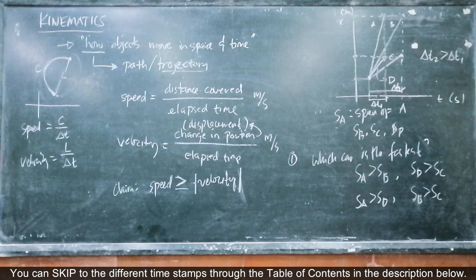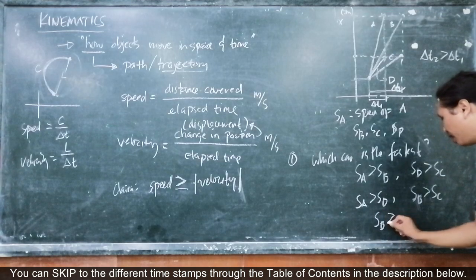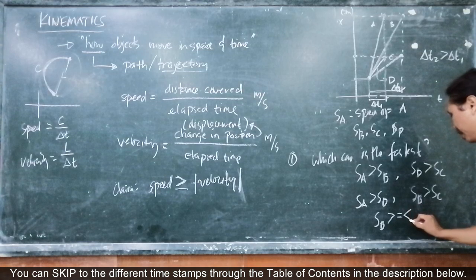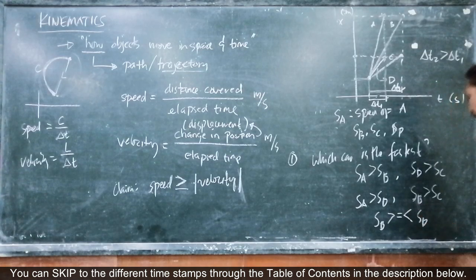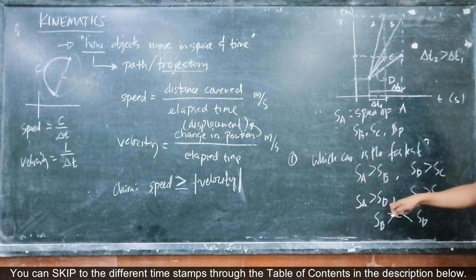Now, how about this claim here? Can we claim SB is faster, equal, or less than SD? Because we have some sort of uncertainty here. SA is faster than SB, SD is faster than SC, SB is faster than SC, and SA is faster than SD.